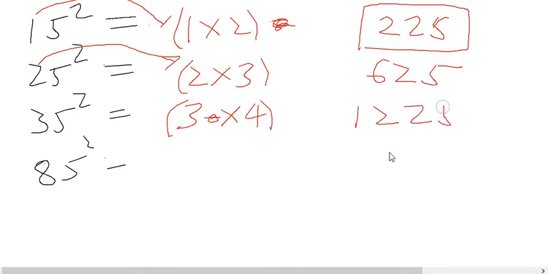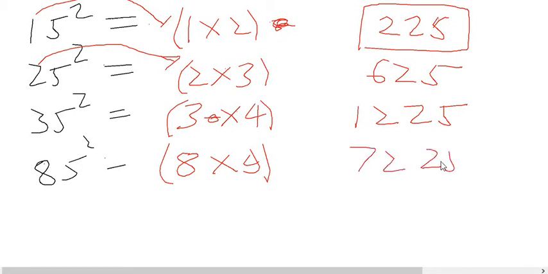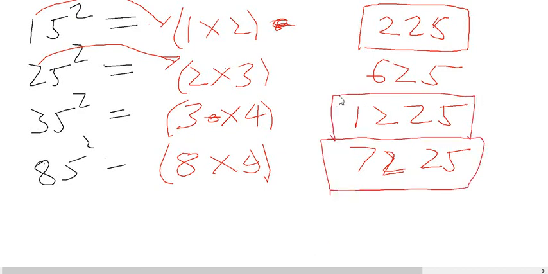Then again 25. So this is our answer for 35 square. For 85 square, we have 8 into 9, which is 72, and just add 25 after it. So this is how we calculate the square of a number ending with 5. This trick is very useful for your future purposes.